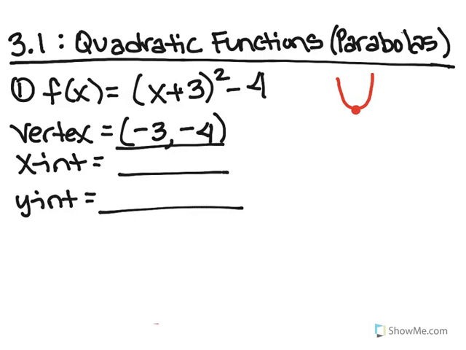On my labs, you're going to have to input this into my labs. So when they ask you to give the x-intercept or the y-intercept, you need to write them as an ordered pair. So we said that it's going to cross at -1 and -5, but we're going to write them as ordered pairs. So that means it will be (-1, 0) and (-5, 0).